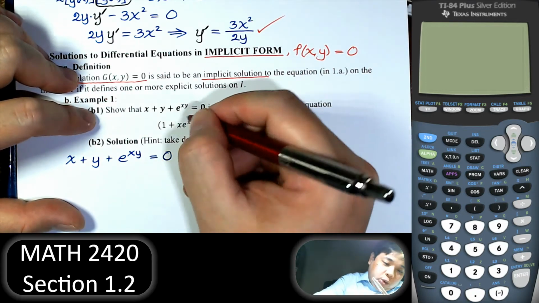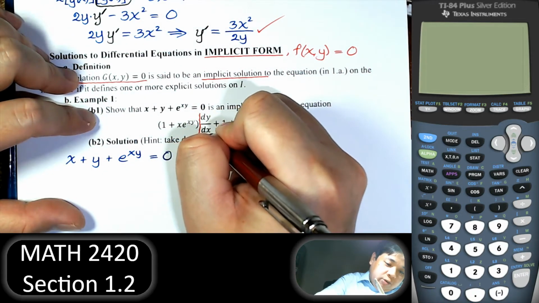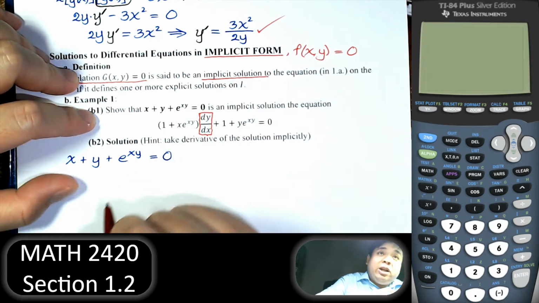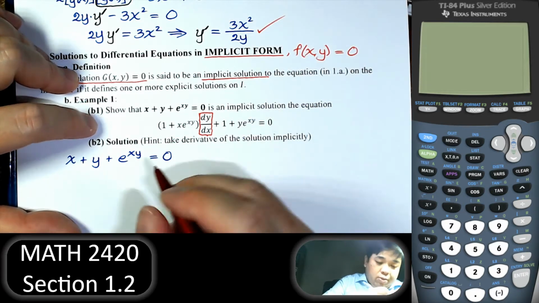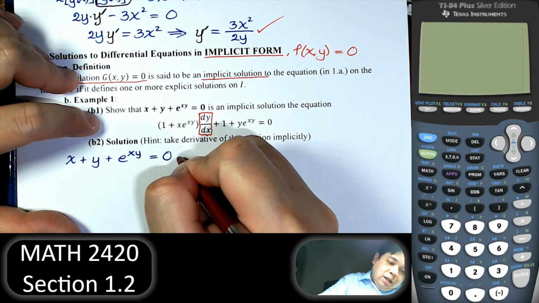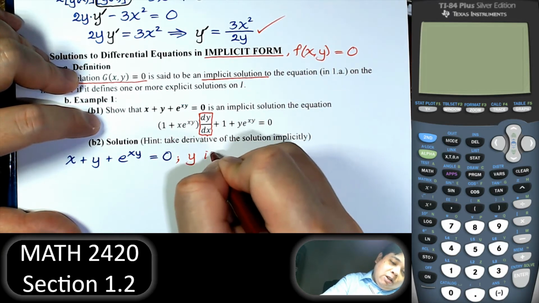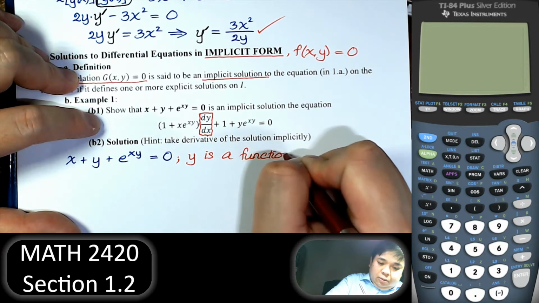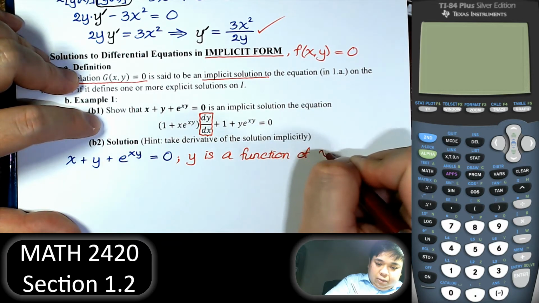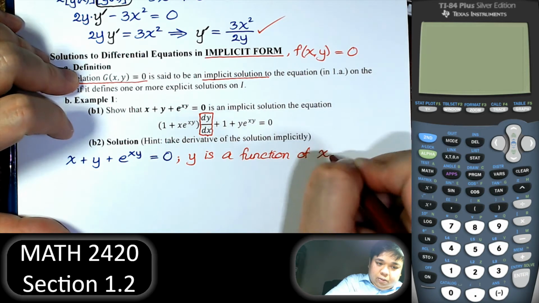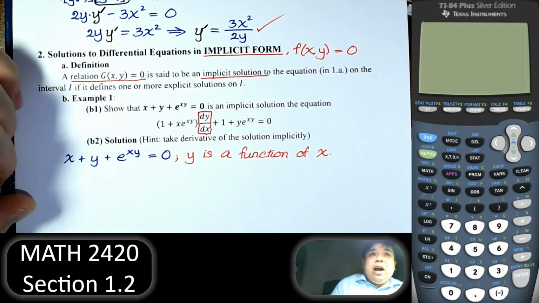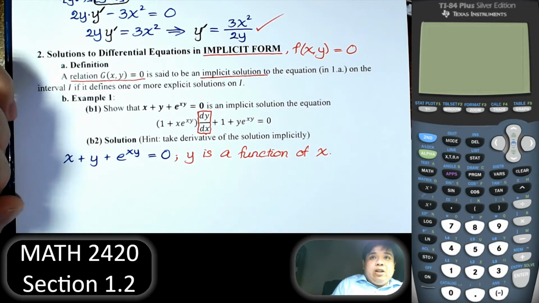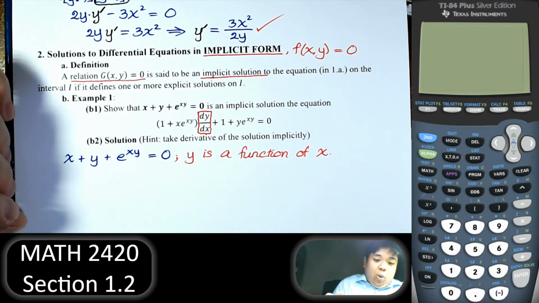In this equation we have dy over dx, meaning that we have y with respect to x, or we say y is a function of x. Now if y is a function of x, we can just take the derivative with respect to x.